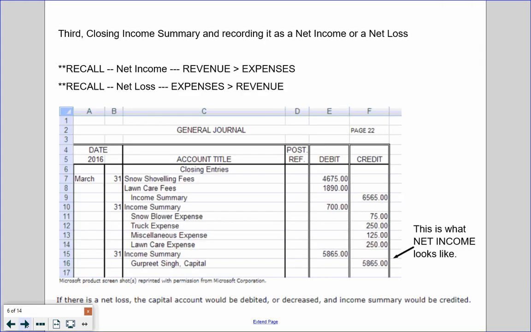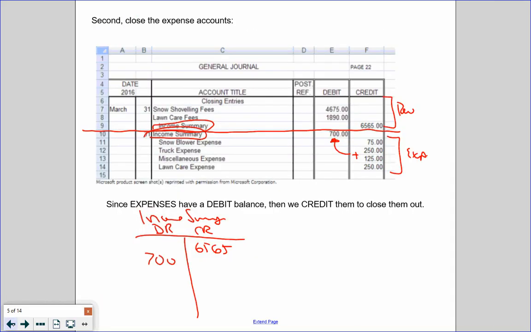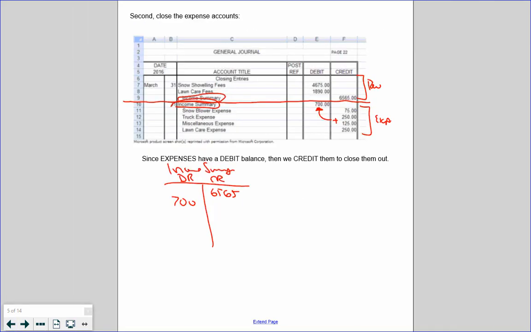Okay. Lastly, we now need to close out income summary. So we close the revenue to income summary, we close the expenses to income summary. If you think back to this T-chart here, you have a credit of 65.65 and you've got a debit of 700. To make it have a zero balance, we have to put a number here.